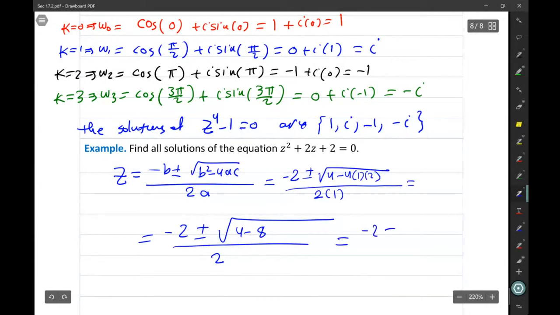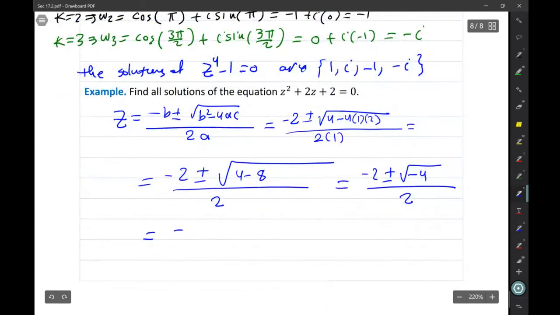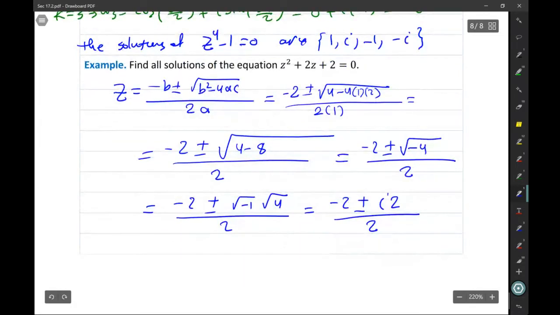That becomes minus 2 plus or minus the square root of 4 minus 8, which is minus 4, all of it divided by 2, which is equal to minus 2 plus or minus the square root of minus 1 times the square root of 4, over 2. The square root of minus 1 is i, times 2, divided by 2, and that's equal to minus 2 plus 2i divided by 2, and minus 2 minus 2i divided by 2.